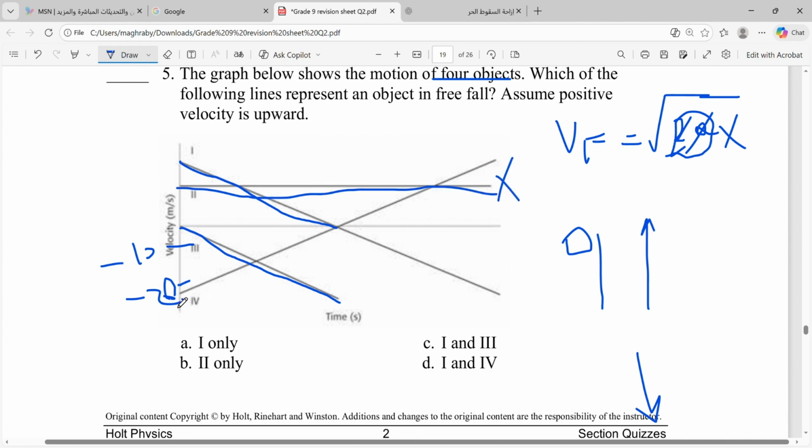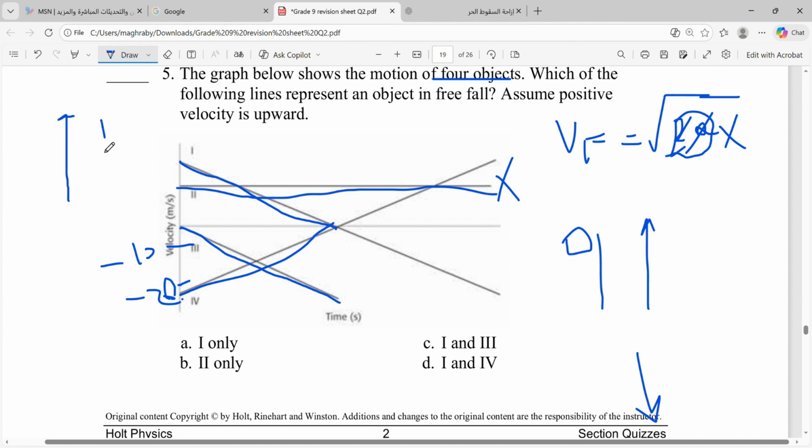Let's get to this one. The velocity here is negative, and at the same time the velocity is decreasing. Then the velocity is positive and the velocity is decreasing. The velocity is positive and decreasing means what? It's getting up.